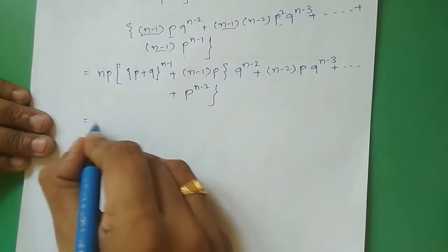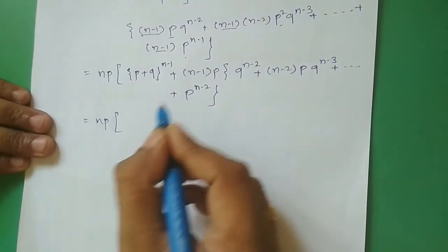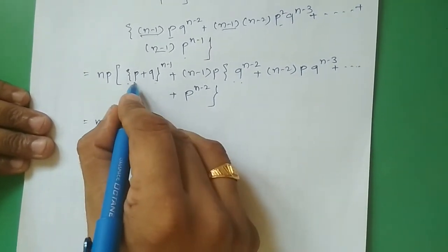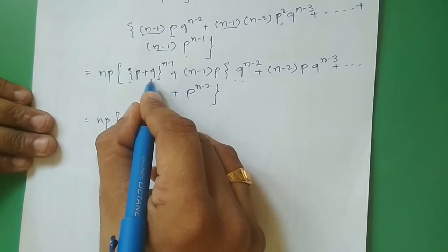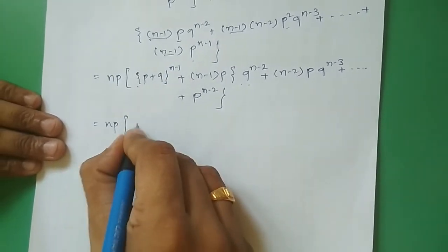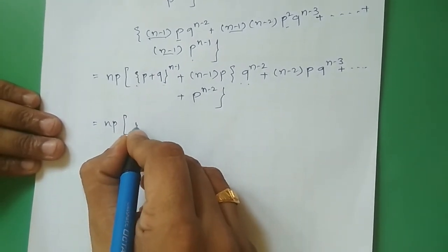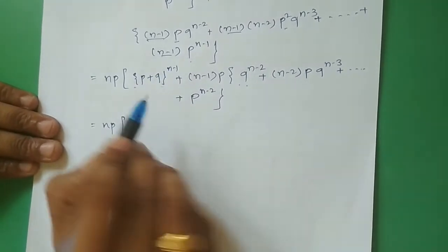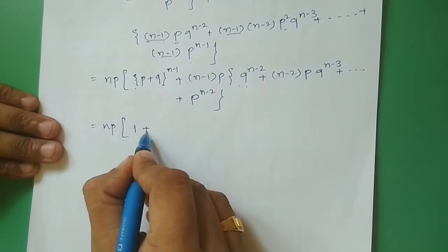If you carefully observe, this is always equal to 1, because p plus q is nothing but the total probability. We can directly write this as 1, because 1 raised to anything is always equal to 1.